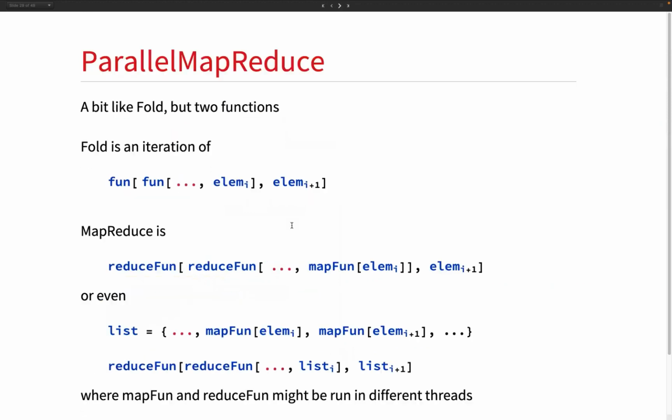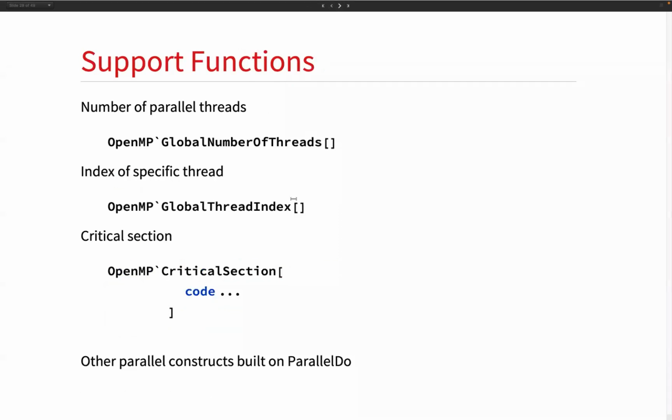Sorry, Tom. Can I ask a question? Yes. In the previous slide, you showed the OpenMP global number of threads. What's the relationship between that and the system option, parallel options? Well, they're probably going to be quite similar because they're both OpenMP driven.